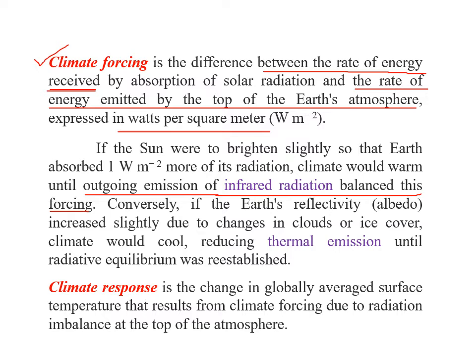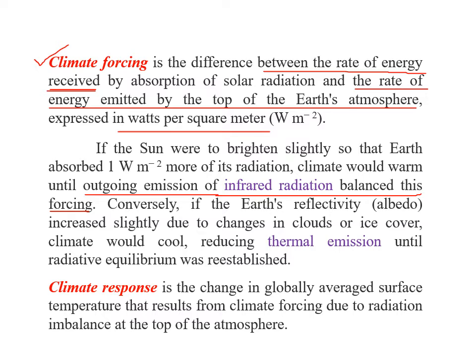So if earth receives more energy, until or unless earth emits back this extra amount of energy to the space, the earth will be heated up. That means the atmosphere of earth will become warmer.